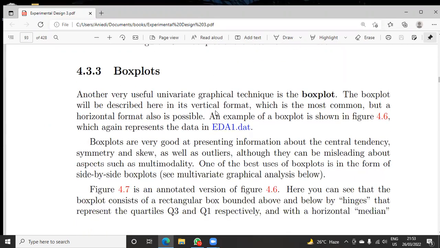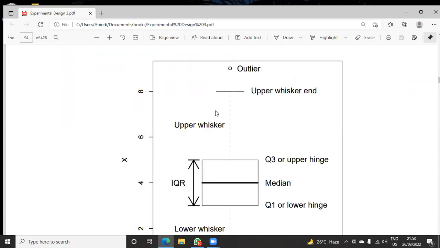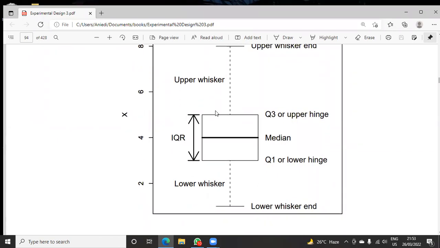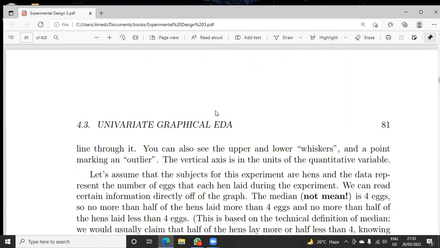So it's very useful to represent populations. Whenever you see a box plot, that is how you read it. So that is it.